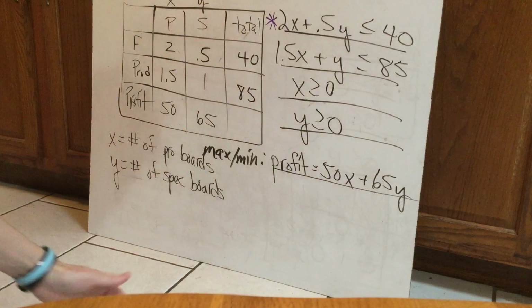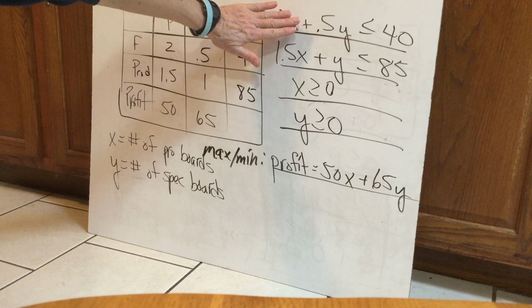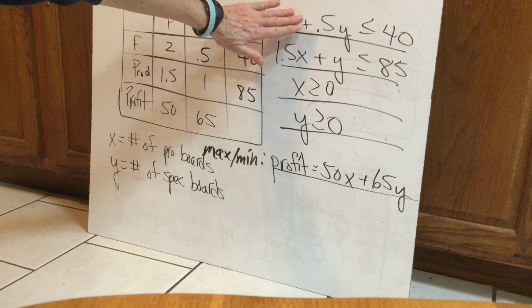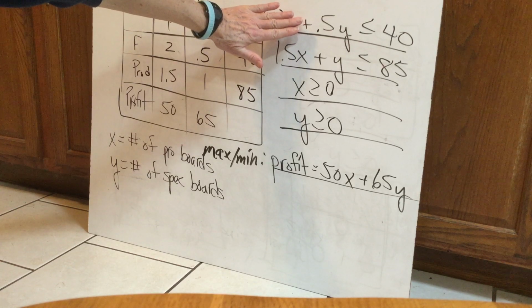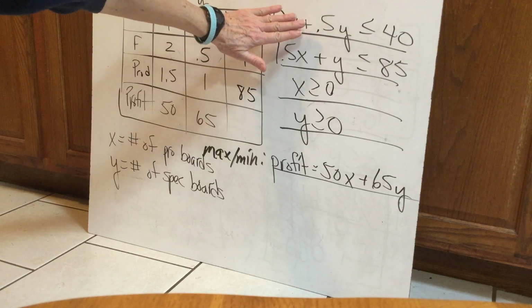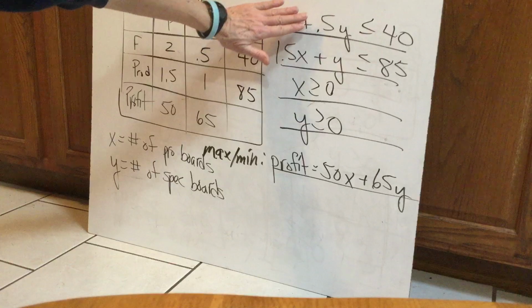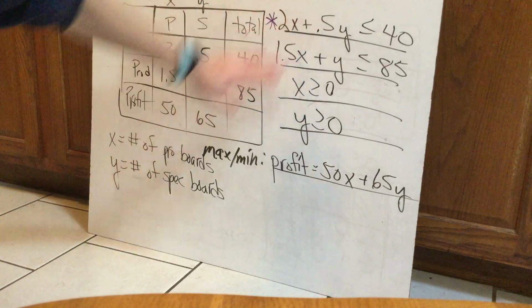Now, don't panic. If you cover up x, then it says 0.5y equals 40. So how will you figure out what y is? Well, you'll either know intuitively or you'll divide 40 divided by 0.5, right? So that's 80. You got a calculator, type it in. 40 divided by 0.5 will be 80.